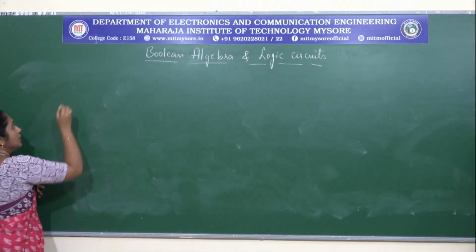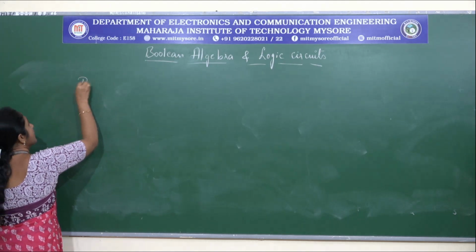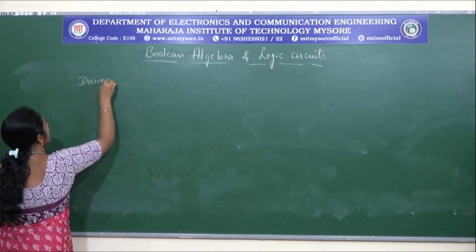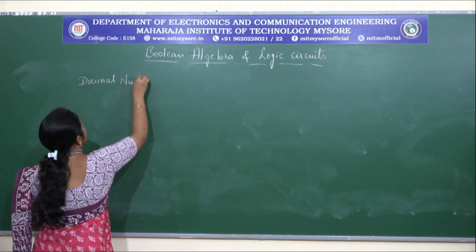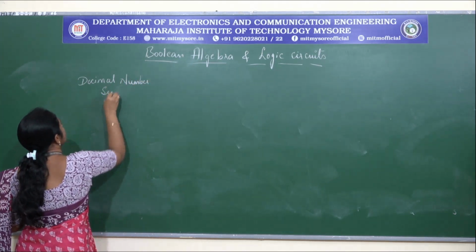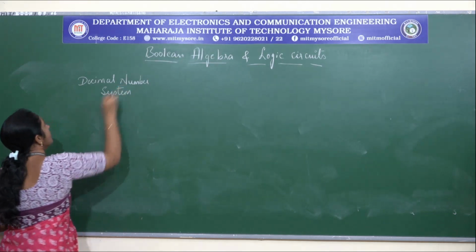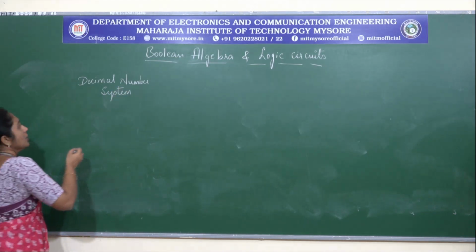As I said, if I consider decimal number system, how many digits do we have? 10, right?